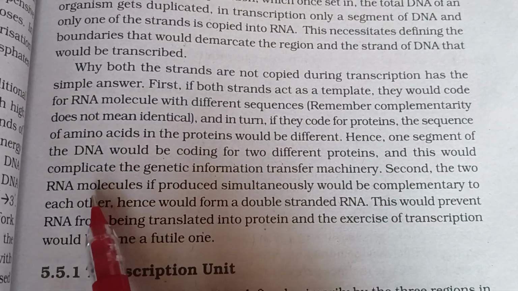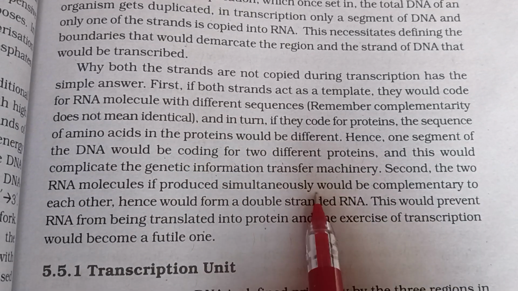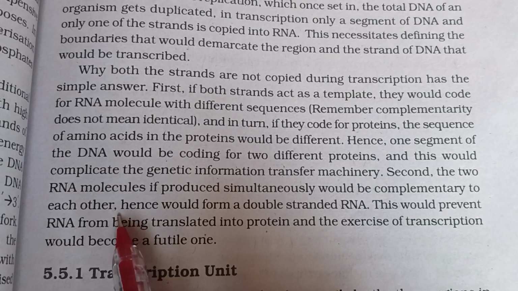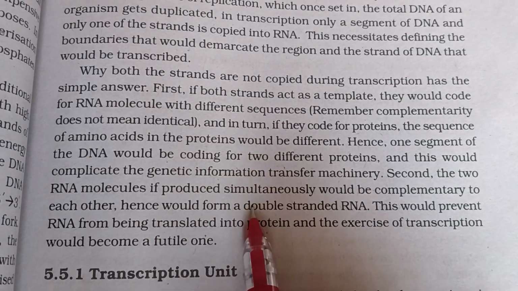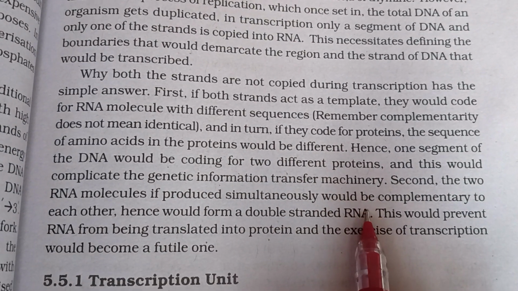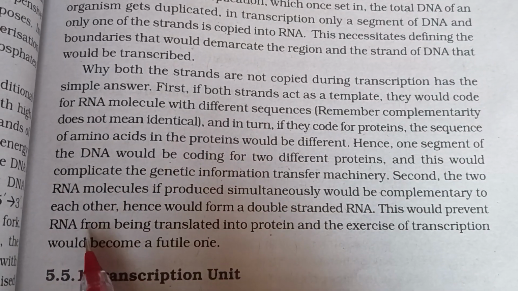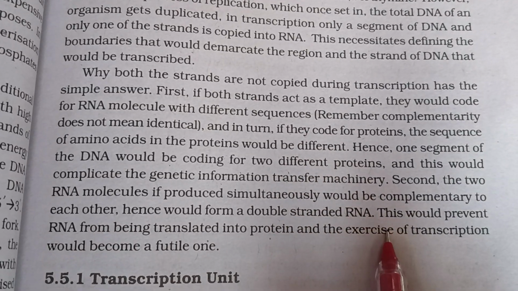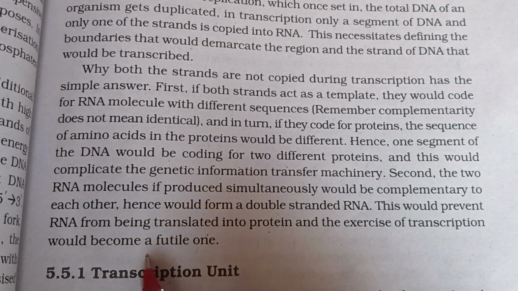Secondly, the two RNA molecules, if produced simultaneously, would be complementary to each other, hence would be a double-stranded RNA. So this would prevent RNA from being translated into protein, and the exercise of transcription would become a futile one.